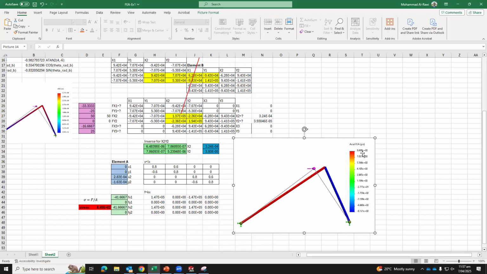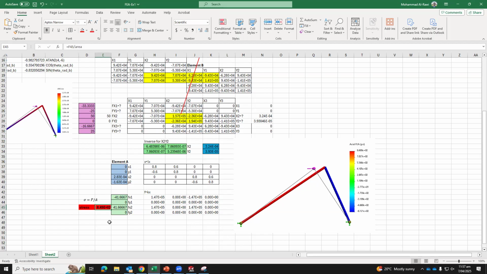It's 8.488. The answer I got, 8.49, because of the rounding numbers, times 10 to the power 2, which is the Pascal, the axial force applied on it. And that is just for the element it's showing to me.